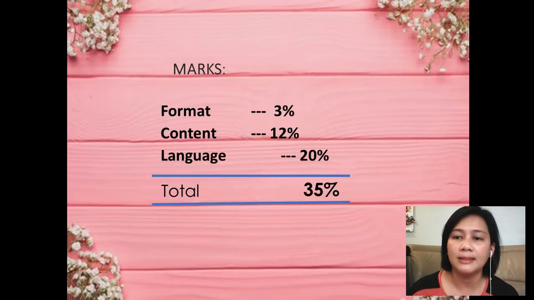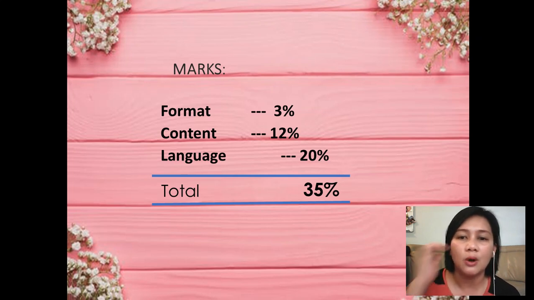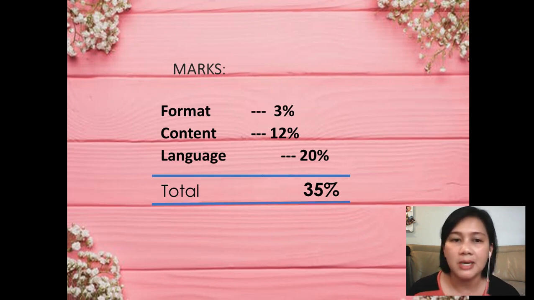Okay, so let's look at the marks for paper 1 first. So the total mark for paper 1 question number 1 is 35. So the three criteria that will be marked in your paper will be the format, the content, and the language.